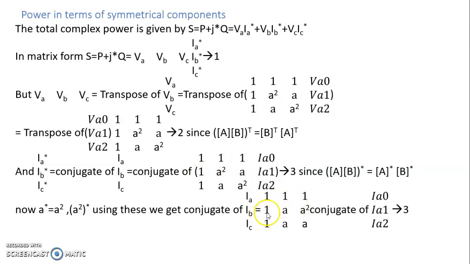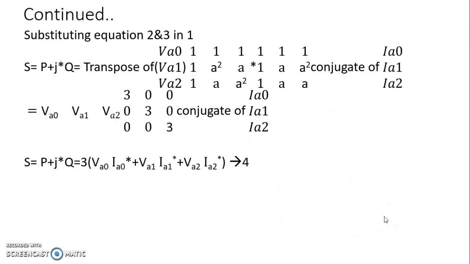The conjugate of a square is a, the conjugate of a is a square, and the conjugate of a square will be a. Then the conjugate of IA0, IA1, IA2 will remain as it is.